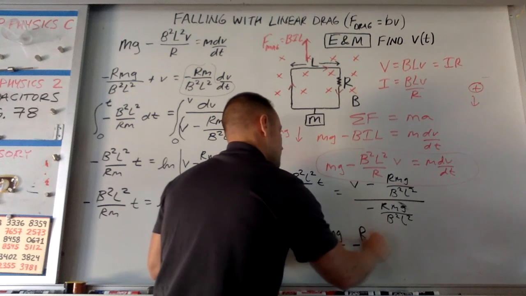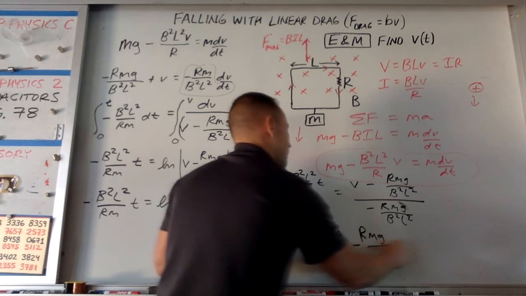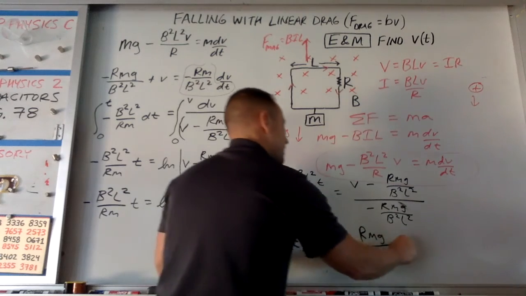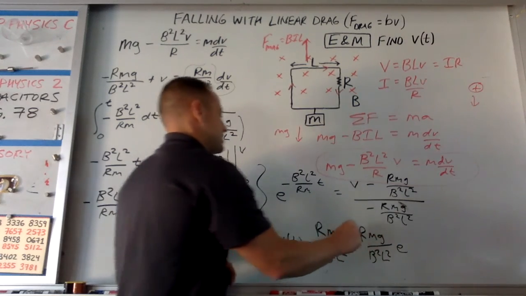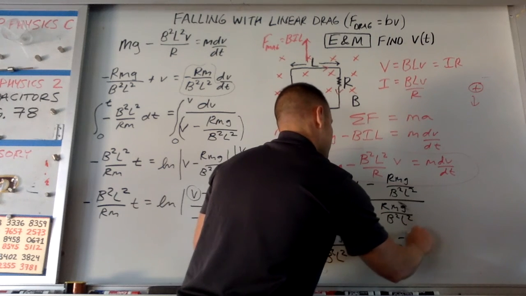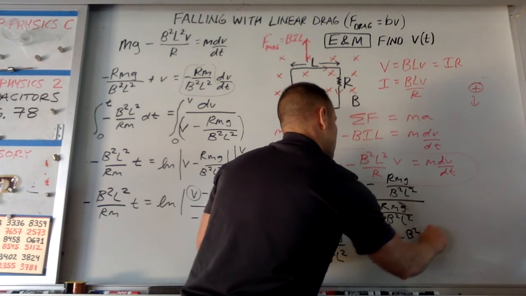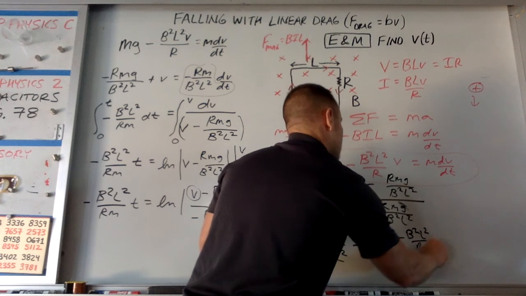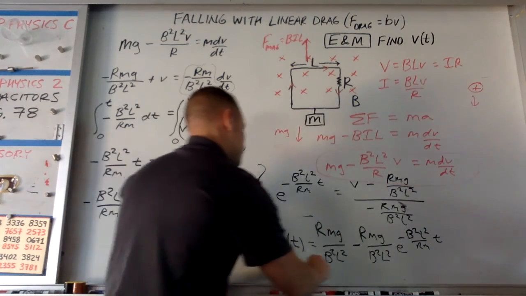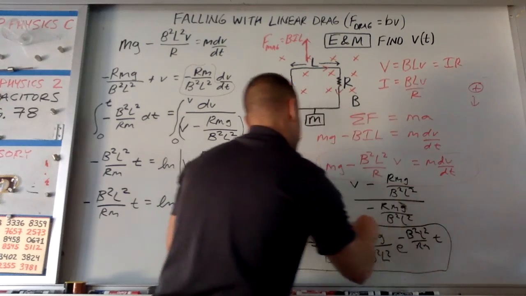So it'll be minus Rmg over b squared L squared, and then times that exponential factor, e to the minus b squared L squared over Rm t. And so that is supposed to be our velocity as a function of time.